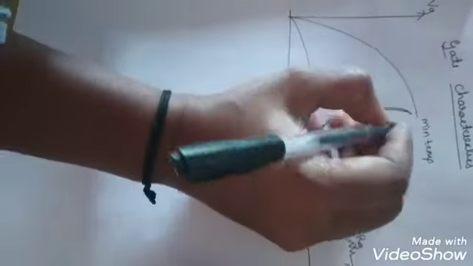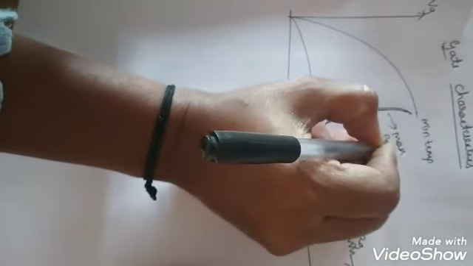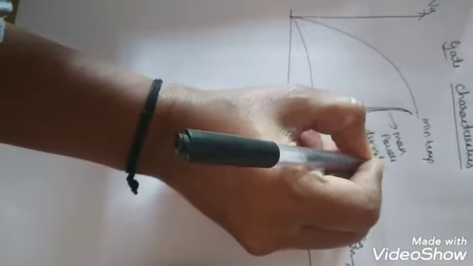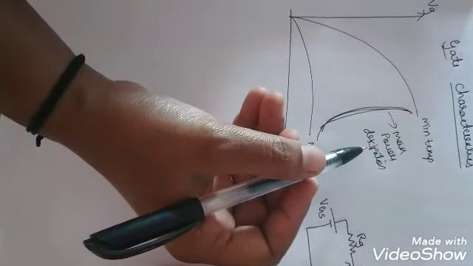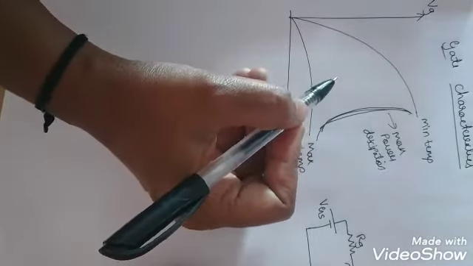So this is the maximum power dissipation in SCR. If an SCR is operated above this curve, then it will get damaged. So it should be operated within this curve only for safe operation.